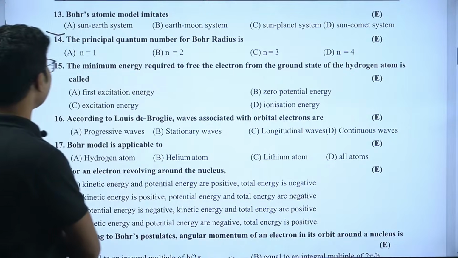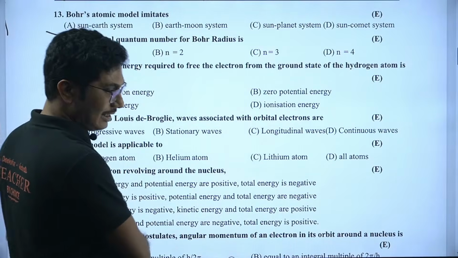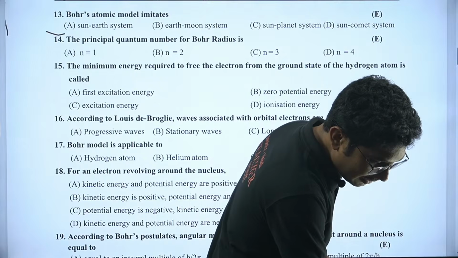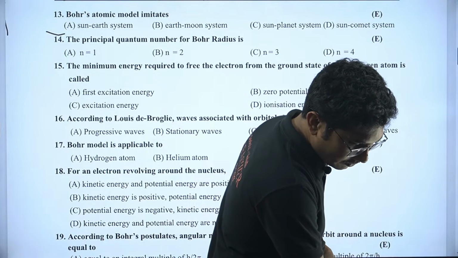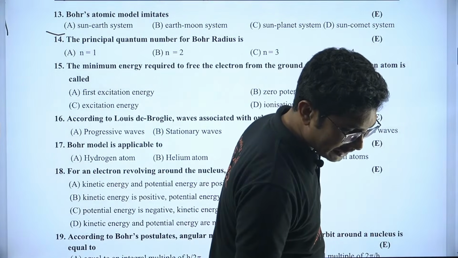Pooja is saying 13A. And Nagaraja is saying 13B. If you have something, please mention it. I don't understand what you are trying to say.